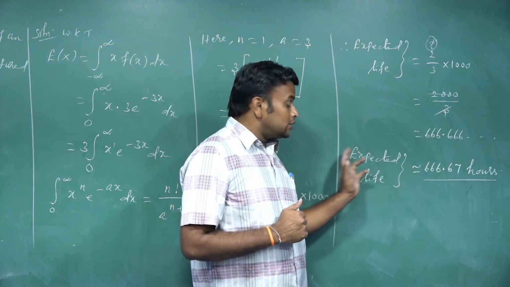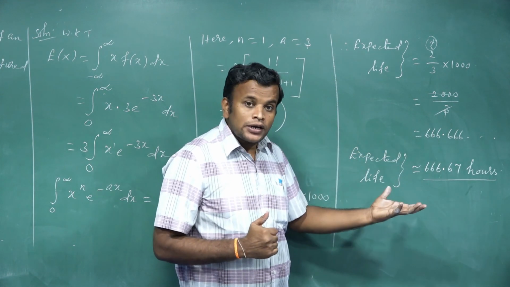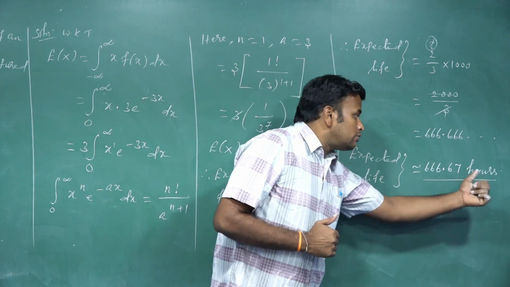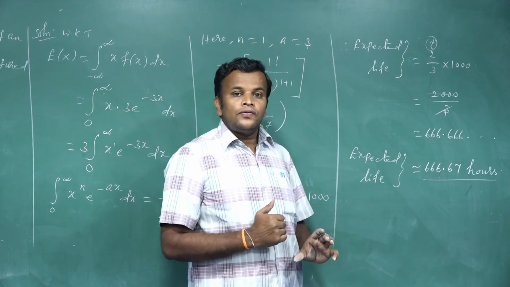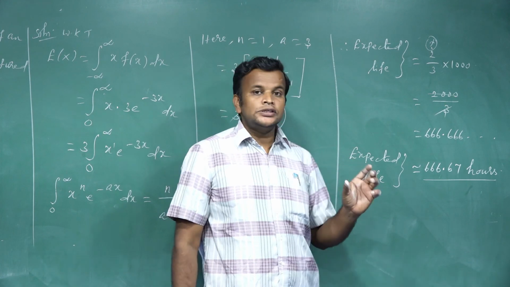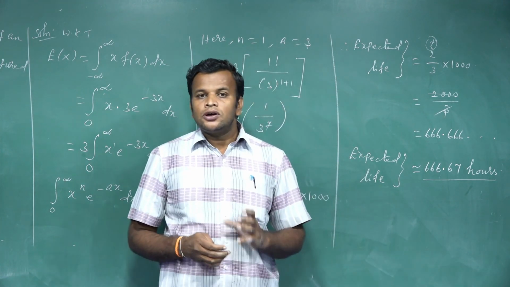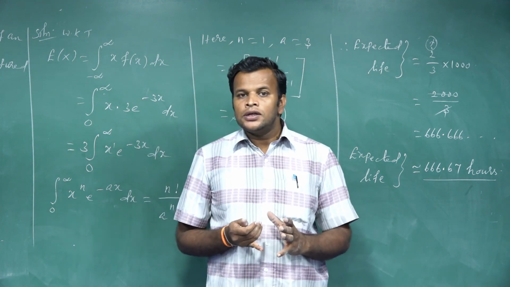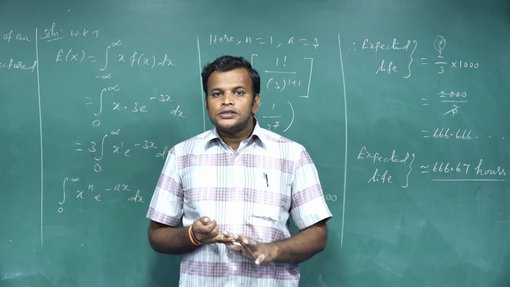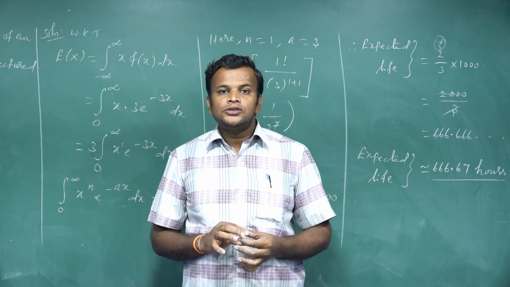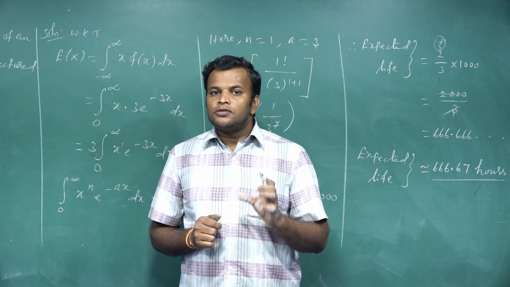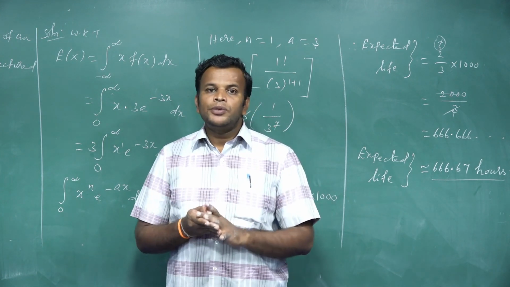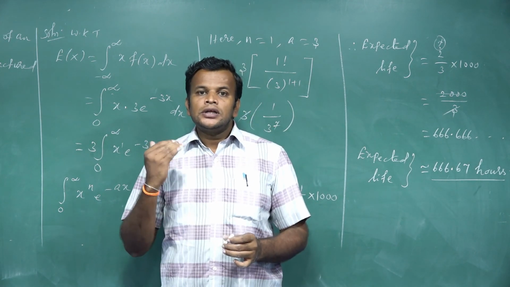But the expected value is what we expect the electronic item to work on average: 666.67 hours. Okay students, now we see some problems involving mean and variance. The same model sum lies in the example also. You just see the question of the example, then we close all the material and write each and every problem.